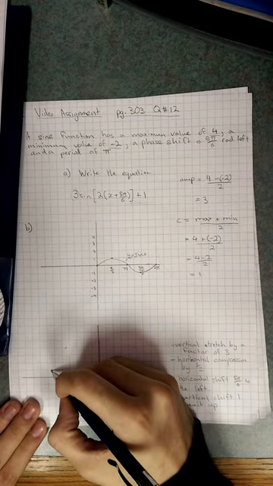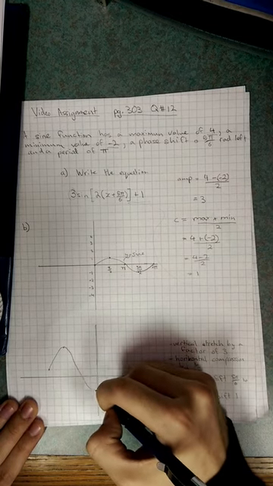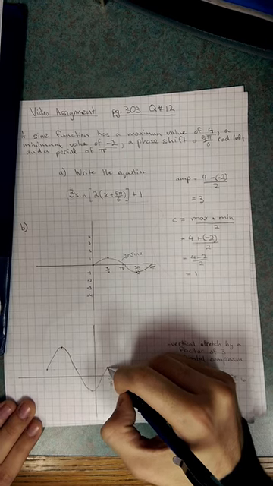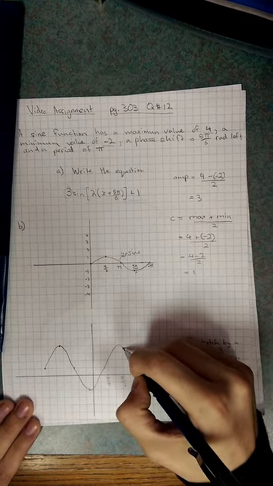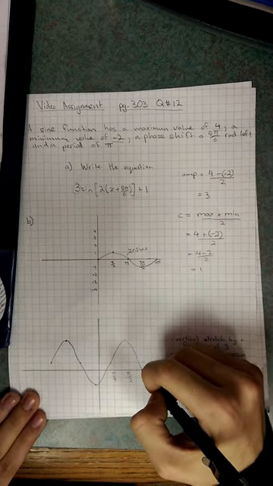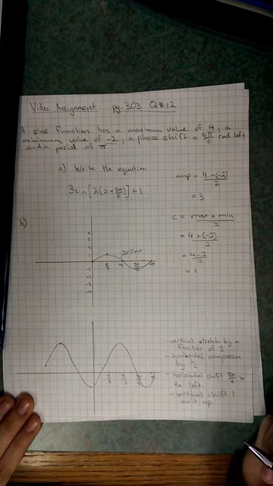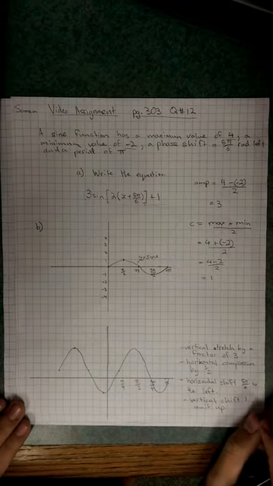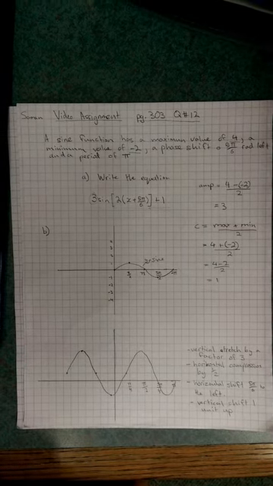So ultimately this graph would look like this. And so this is the translation of a sine function based on translating it from y equals sine x.